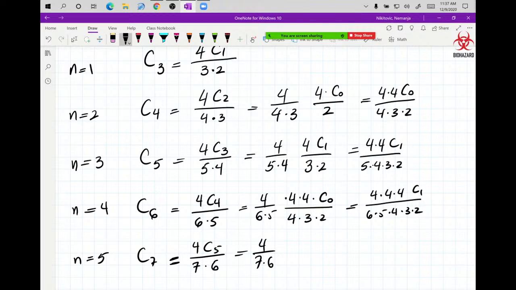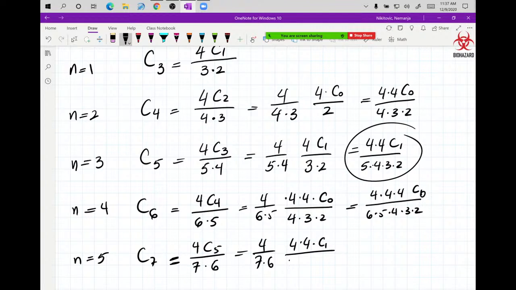And my C5 is this puppy here. So I have 4 times 4 times C1 divided by, oh, this was supposed to be C0. Yeah, that was C0.